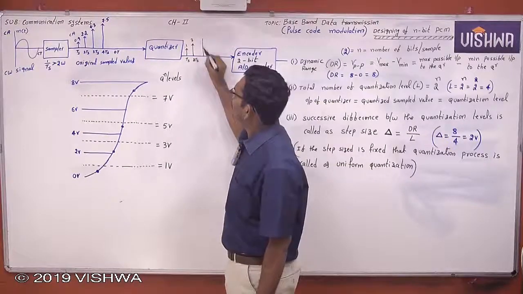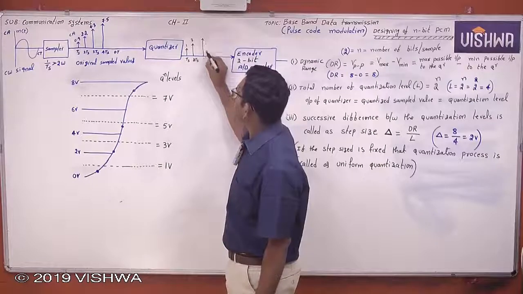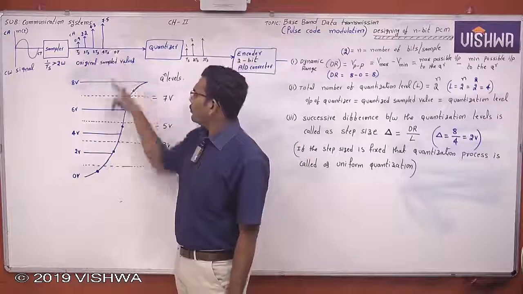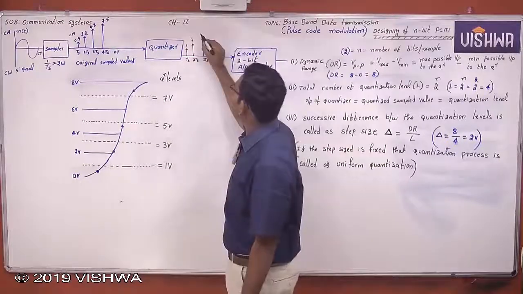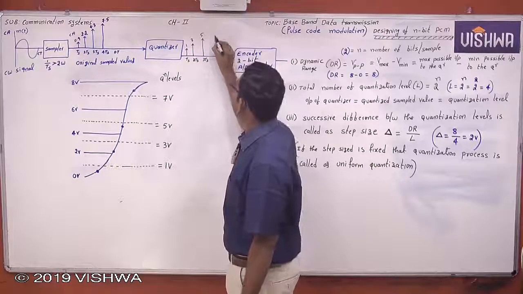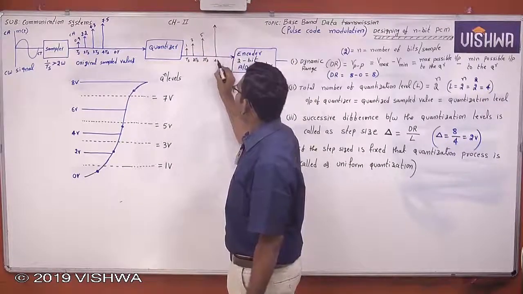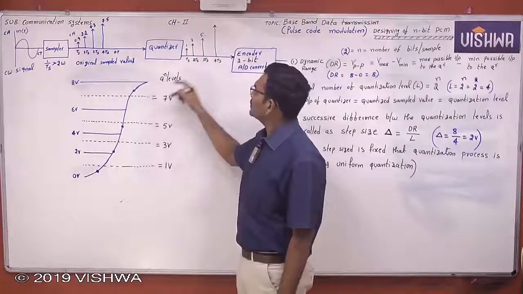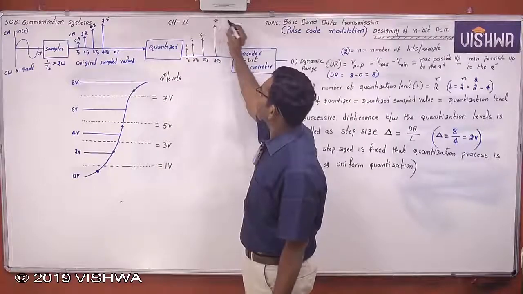Now at 3Ts, 4.3, whose nearest quantization level is 5. At 4Ts, 7.5, whose nearest quantization level is 7.